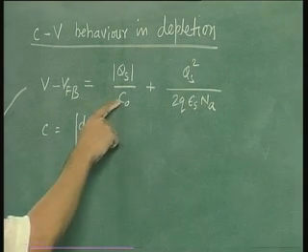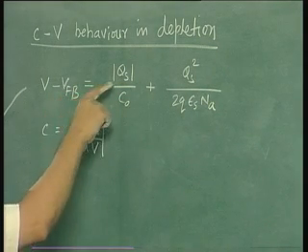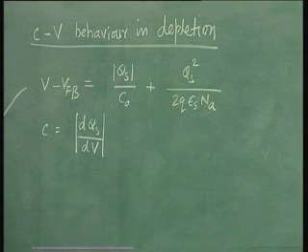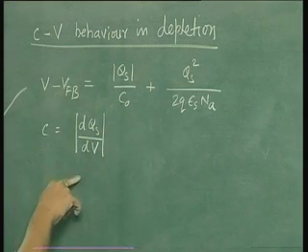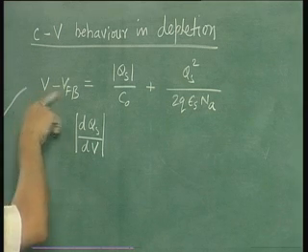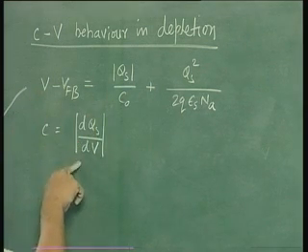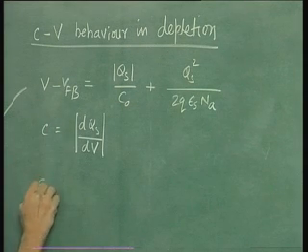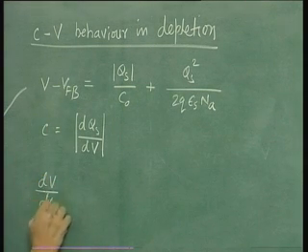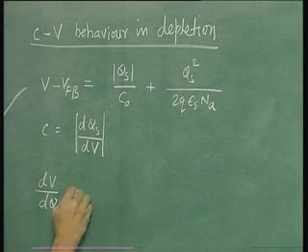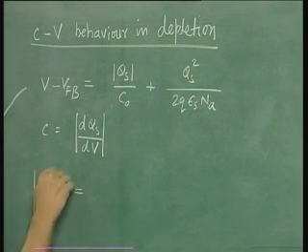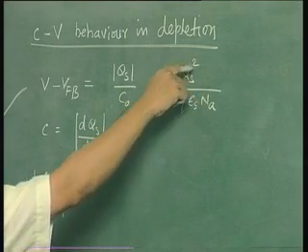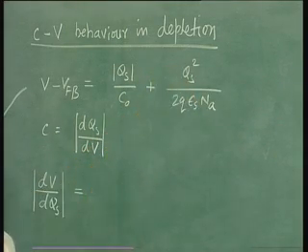Here you will find that since the voltage is known in terms of the charge on this side, a simple approach to derive this capacitance would be to differentiate this equation with respect to charge, so that we get dV by dQs, that is 1 by C. When you do that differentiation, you will get dV by dQs with a modulus. That is why we are using a modulus here. You can use a modulus here also, because it is a square, it does not matter whether Qs is positive or negative.